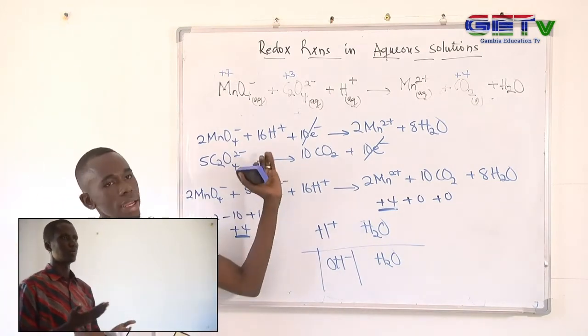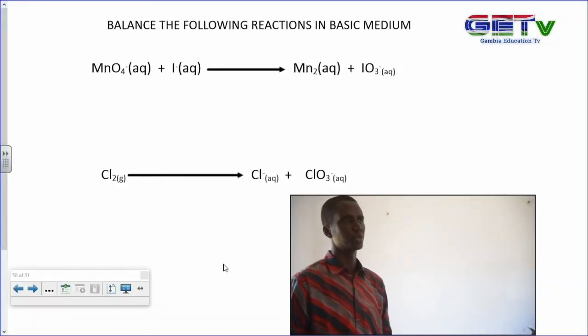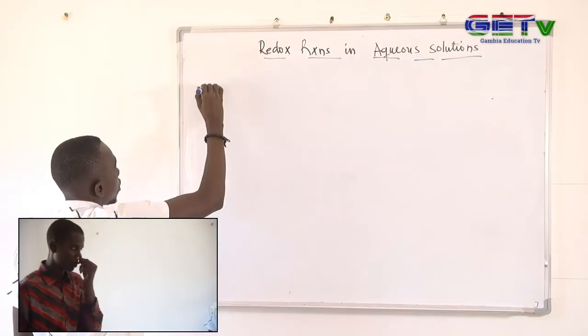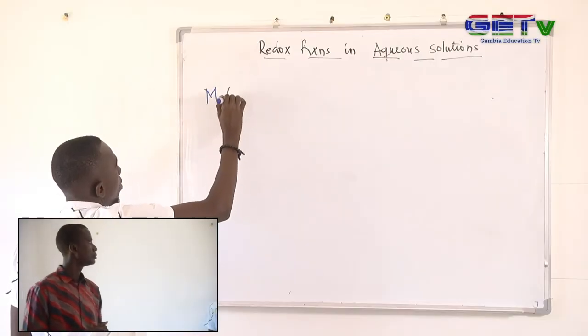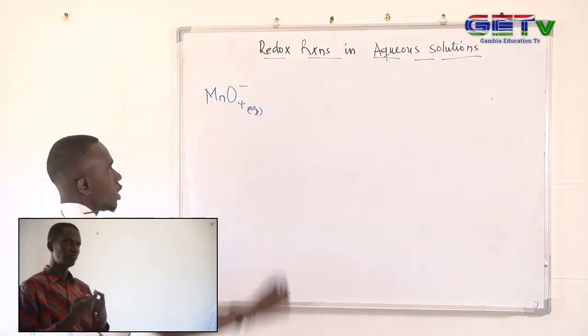I will try and guide you through the balancing of the first reaction, and then you will try and balance the second reaction. Now here we have MnO4 minus, of course, it is aqueous.